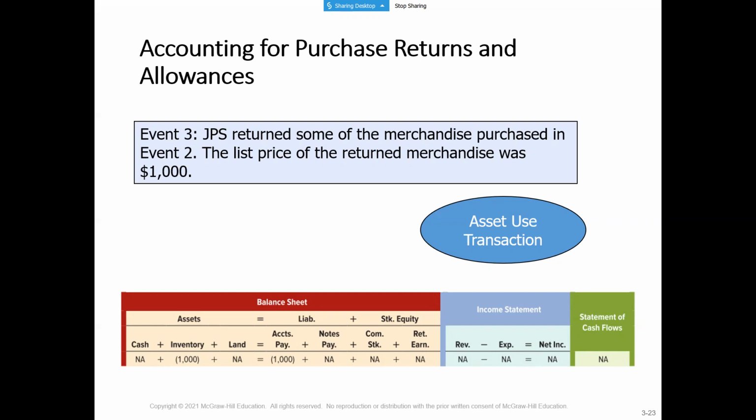We don't want them. Even if you give us a discount, we don't want them. We don't need them. So those inventory items are going to come out of our inventory. So we will reduce the inventory account by the cost of those goods, and we also will reduce the amount that JPS owes that supplier by the same.